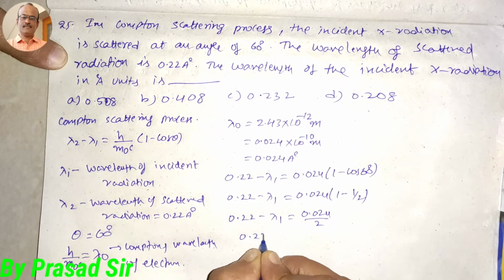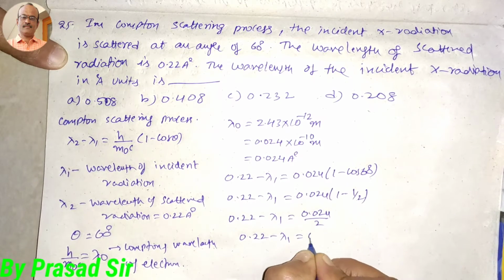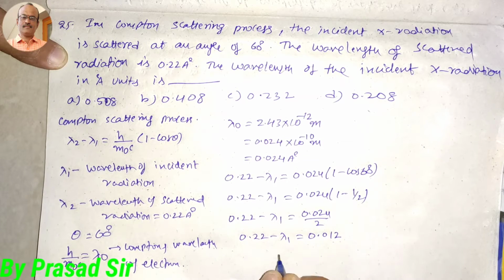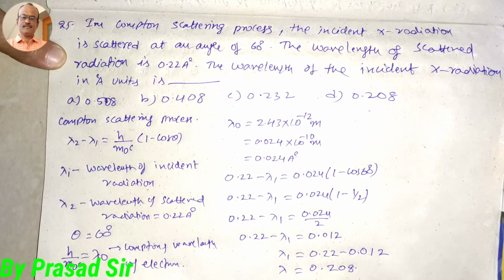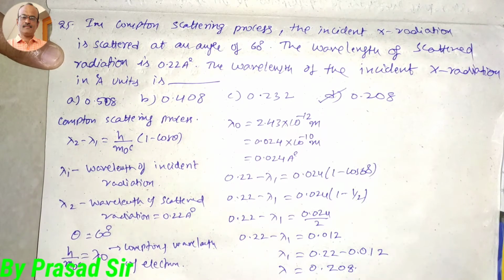So here 0.22 minus lambda 1 is equal to 0.012. Here lambda 1 is equal to 0.22 minus 0.012. On simplification of this one, lambda 1 is equal to 0.208. So this is the value. Now which option is correct here? Option D is correct.